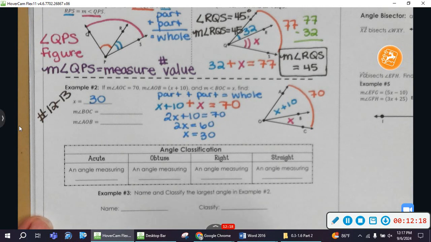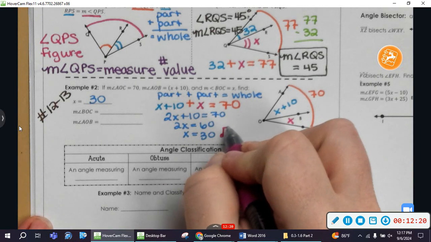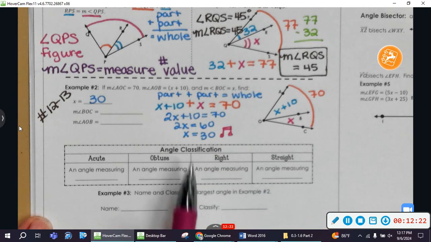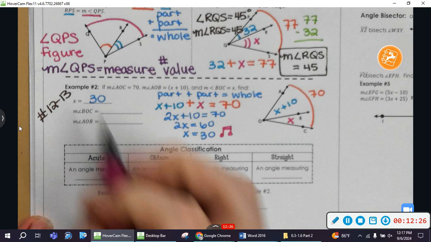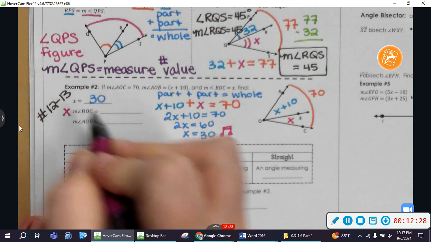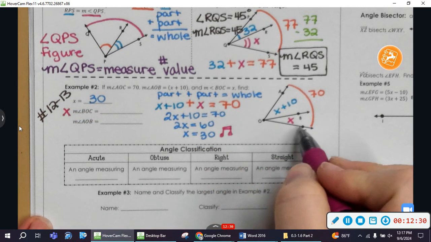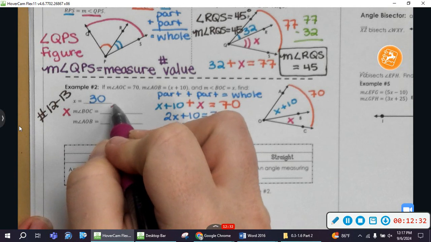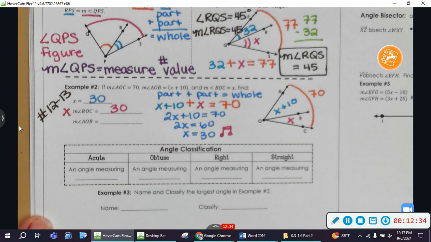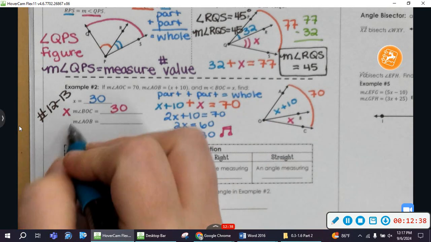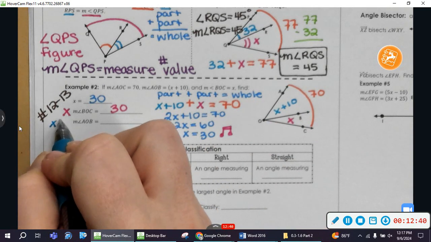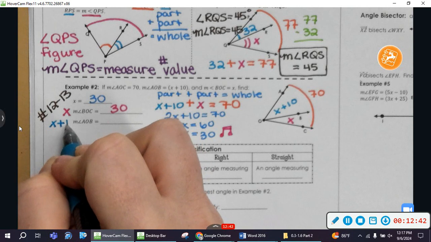So from here, this is where we plug it in. We're going to take our x value, and they want the measure of BOC. Well, BOC is x, so when I plug it in, I end up with 30. And then I also need AOB. AOB has a value of x plus 10.